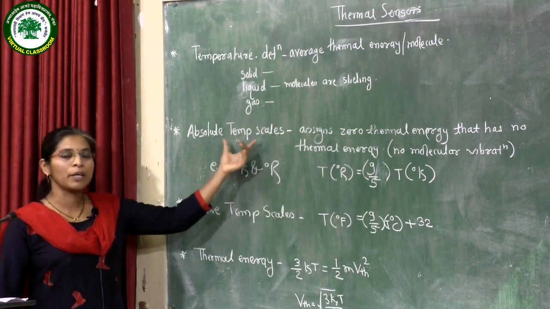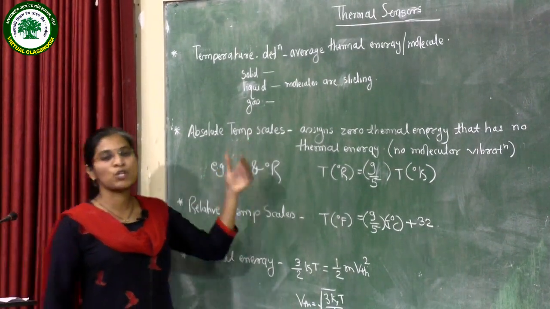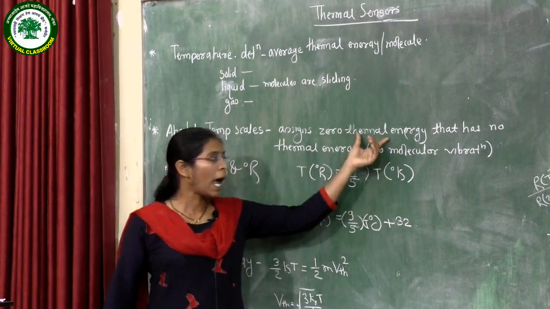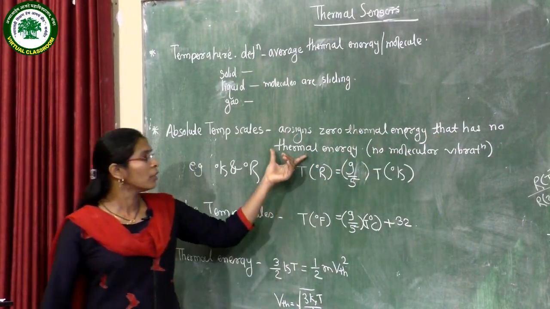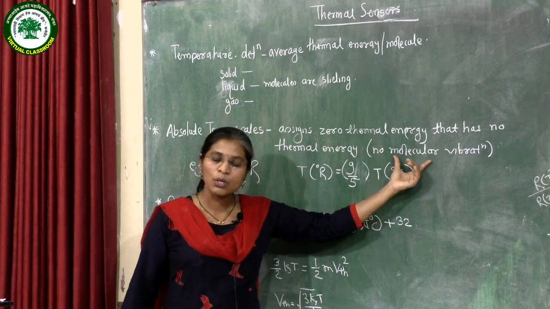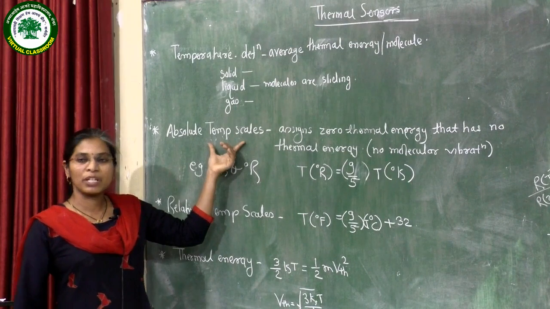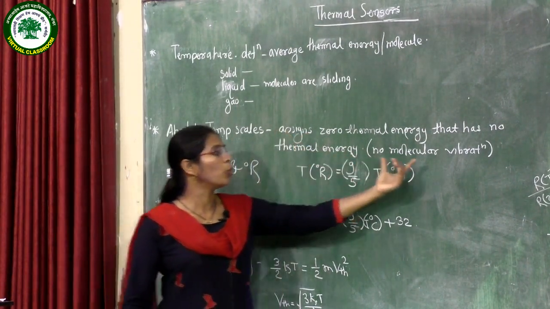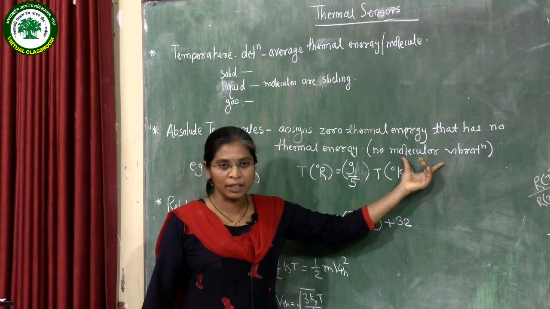The absolute temperature scale is the special unit in which we assign 0 thermal energy, and there is no molecular vibration. It means that these temperature scales have 0 thermal energy at which molecules are not vibrating.